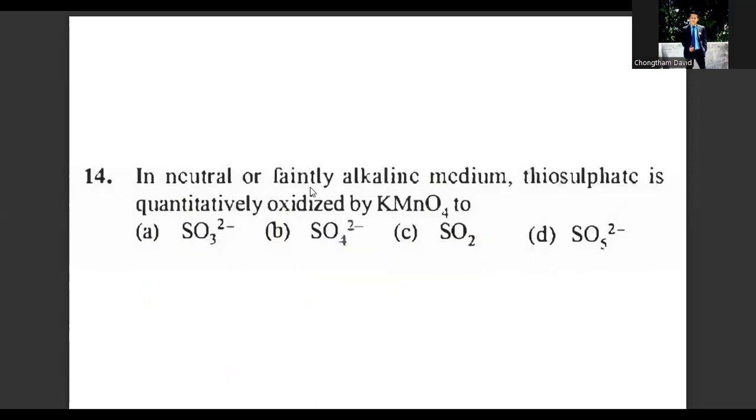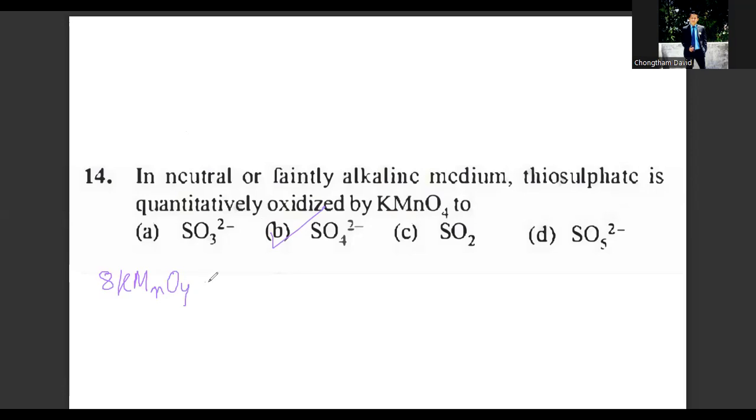In neutral or faintly alkaline medium, thiosulfate is quantitatively oxidized by potassium permanganate to which of the following sulfur oxides? In neutral or faintly alkaline medium, thiosulfate is quantitatively oxidized by potassium permanganate to sulfate ion. The answer would be option B. You can give the reasoning by writing the chemical equation.